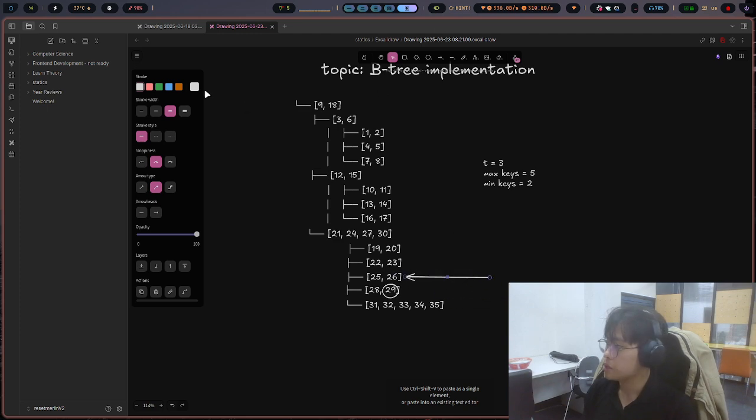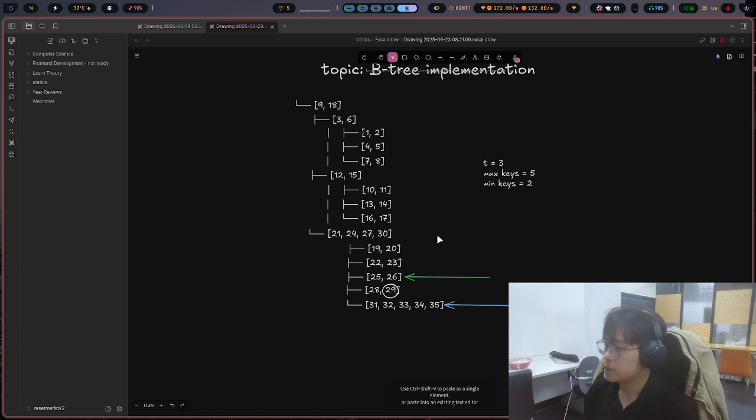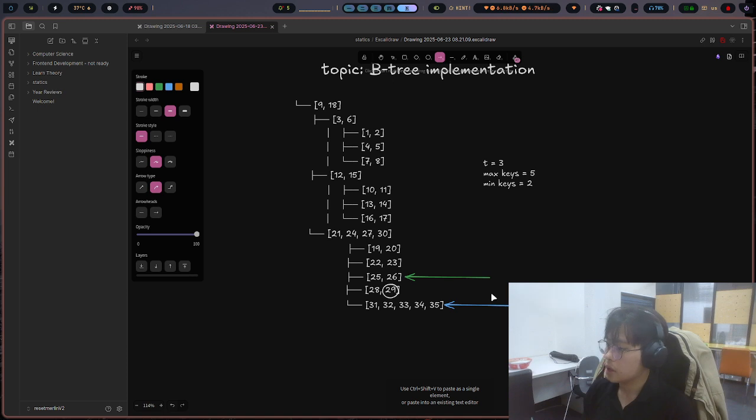Sibling is this part, and sibling is also this part. Based on your target node, you have to borrow from the siblings.